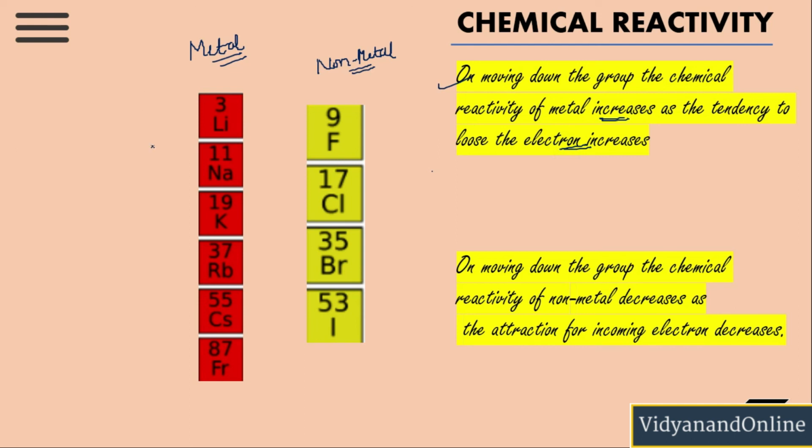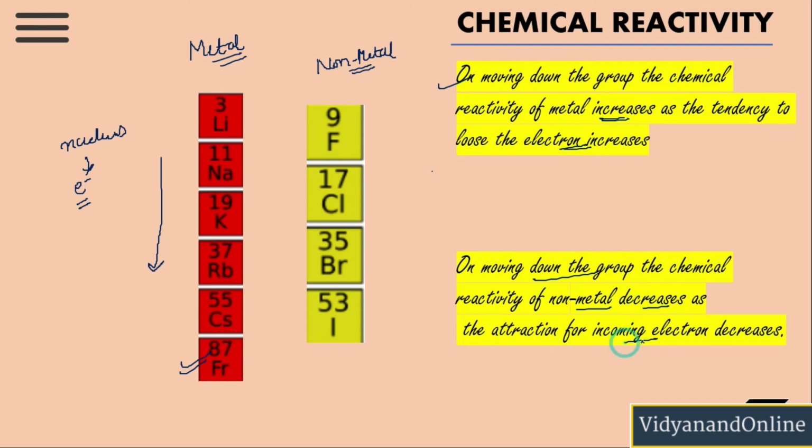As you move down the group, the distance between the nucleus and the outermost electron increases, and that is why it is very easy to remove the electron from the outermost shell, and therefore francium has the highest chemical reactivity.